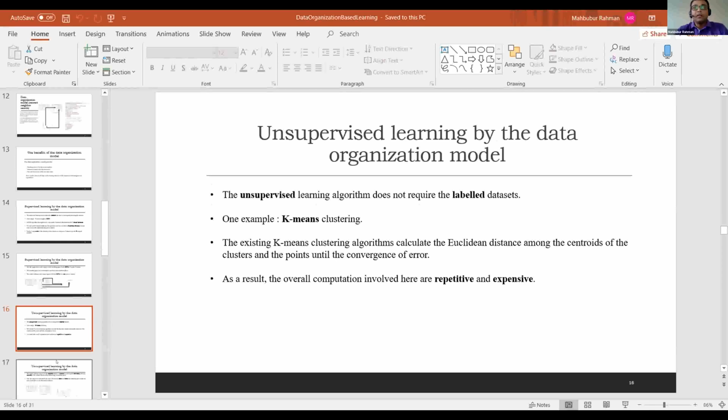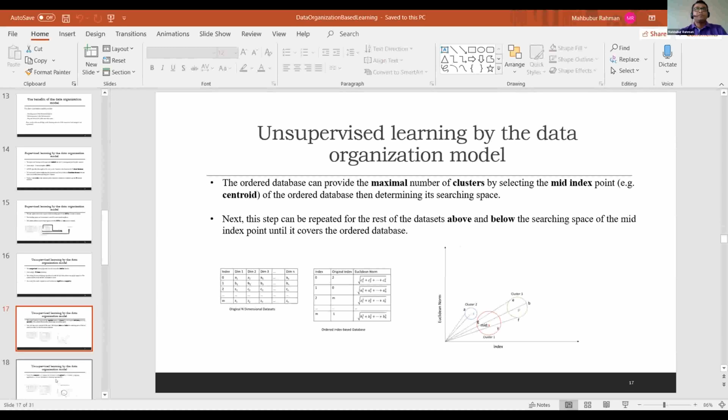And as a result, the overall computation involved here is repetitive and expensive. So here, same as previous KNN, we find that in k-means repetitive and expensive operations are going on.